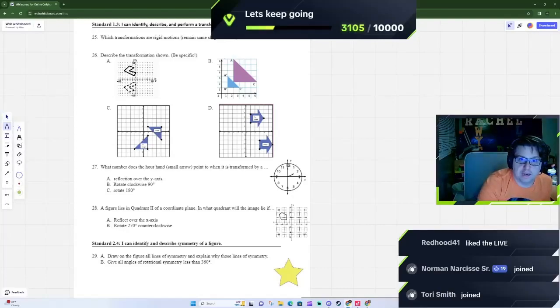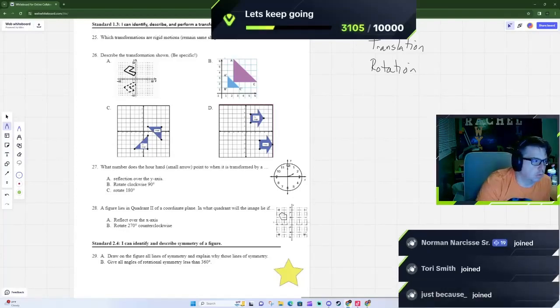There is what we call a translation. There is a rotation. There is a reflection. And then there's a dilation.